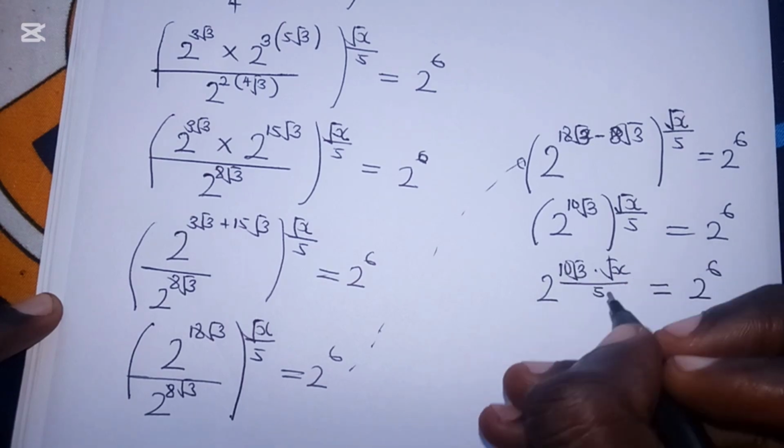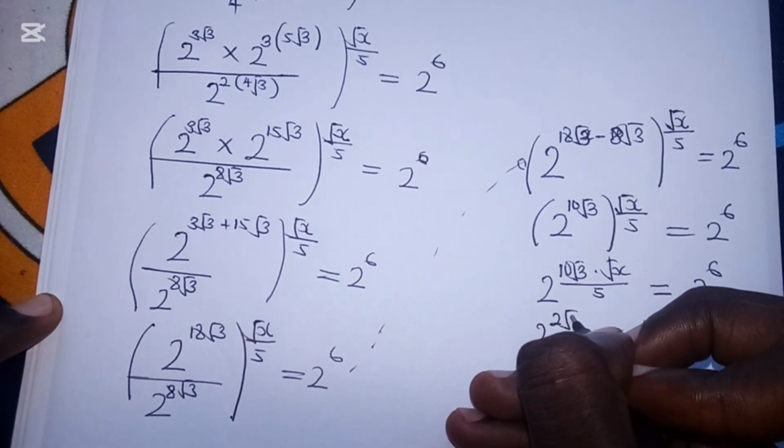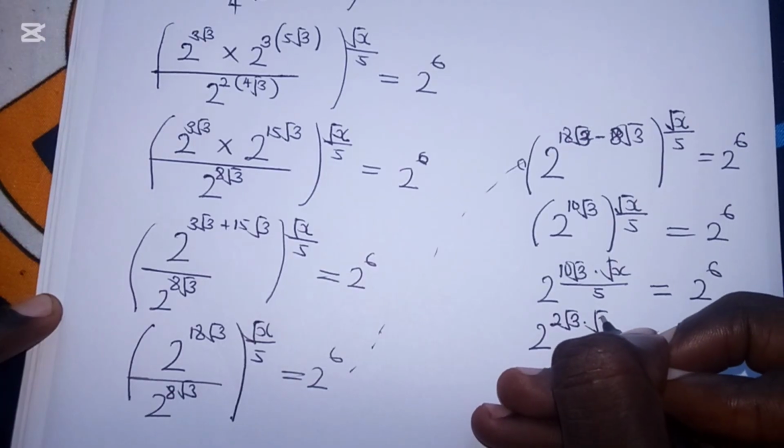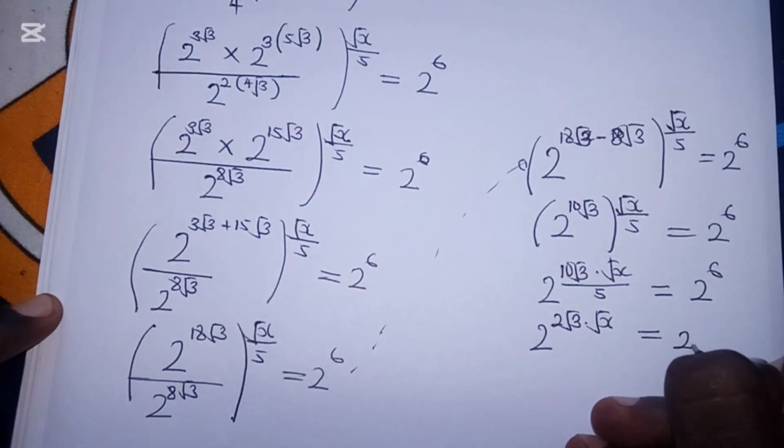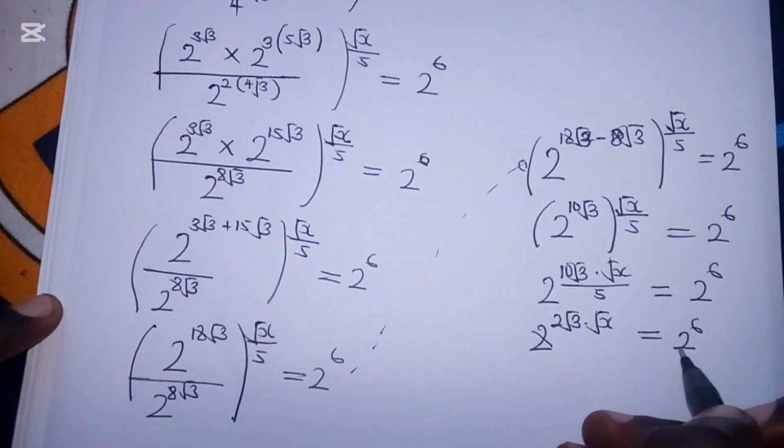Now 5 goes into 10, this becomes 2 raised to the power 2 root 3 multiplied by root x equals 2 raised to the power 6. Now you can find out that the bases are the same, so this base cancels this other base.